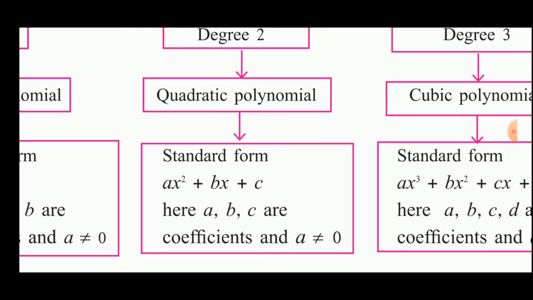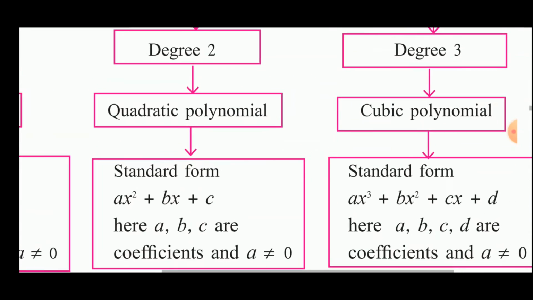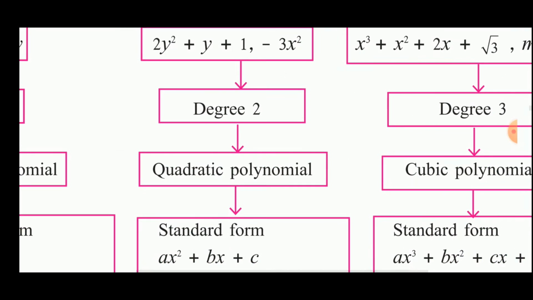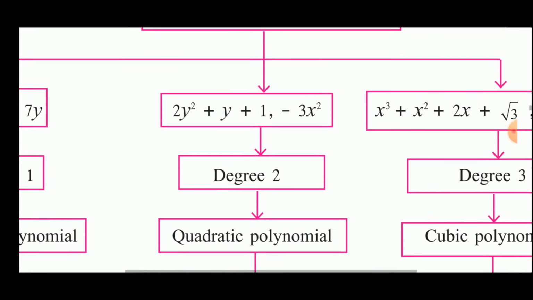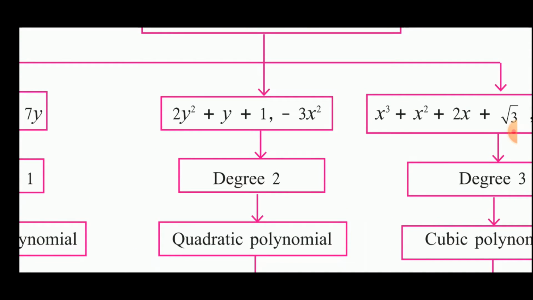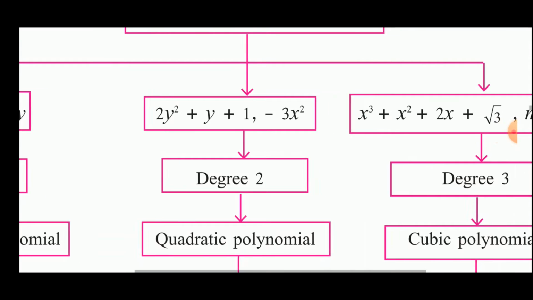ax square plus bx plus c, where a, b, c are coefficients and a is not equal to 0, because if a is equal to 0 then the square term will not be there and that gets converted into a linear polynomial.